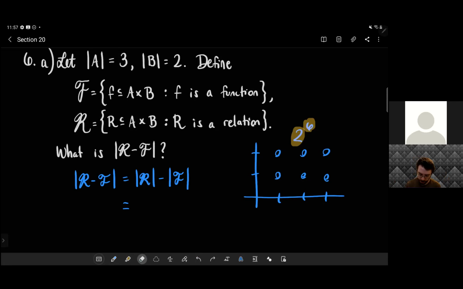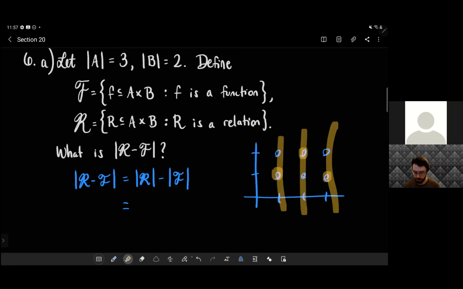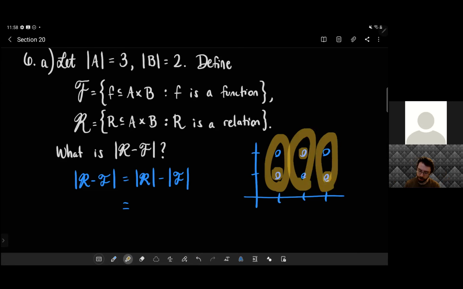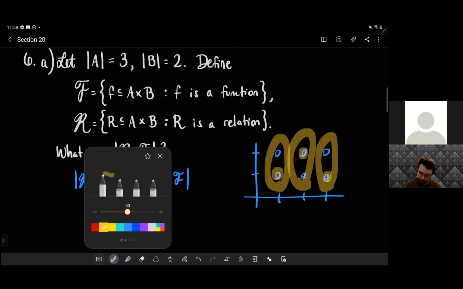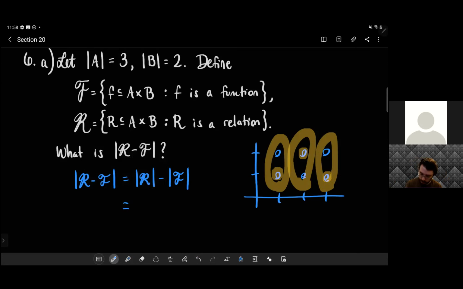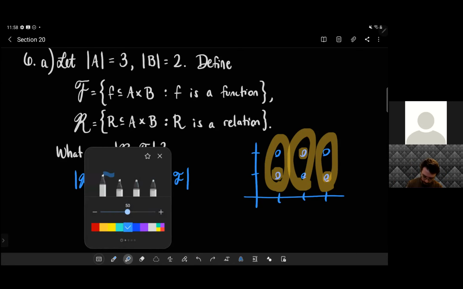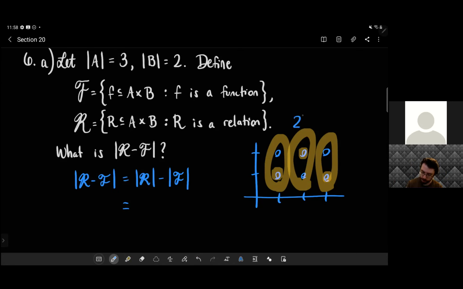Let's keep that actually. If I restricted to functions, then I'm only allowed to output a single y value per x value. So for that, I have 2 options here, 2 options here, 2 options here. So for functions, that's going to be 2 times 2 times 2, which is 2 cubed.